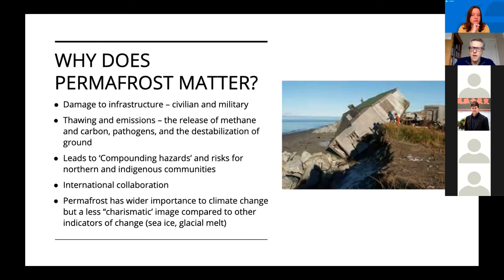One thing to note, however, when you compare permafrost to something like sea ice or glaciers, is that we pose whether permafrost is less charismatic and therefore gets less attention from global media and publications about what changes in the Arctic and why it matters. You probably find many more news stories about disappearing sea ice or retreating glacier ice, and rather less about permafrost.